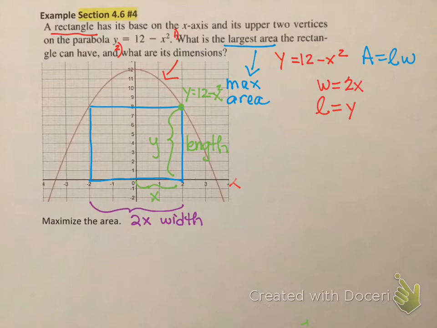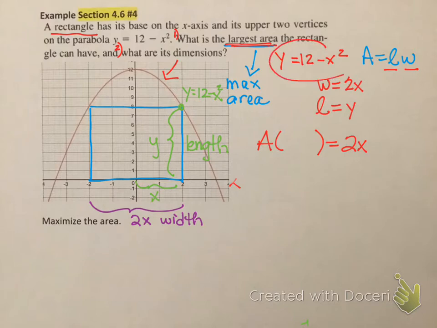are you all comfortable that I could set up, remember I'm trying to maximize my area, an area function in terms of either x's or y's? Well, let's think about this. I need a length times a width. Well, I've got the width. That could be 2x.